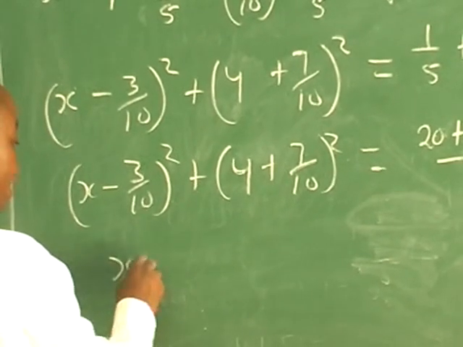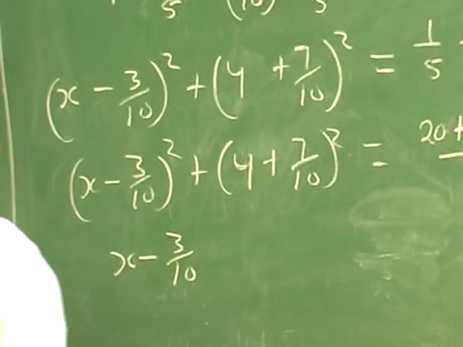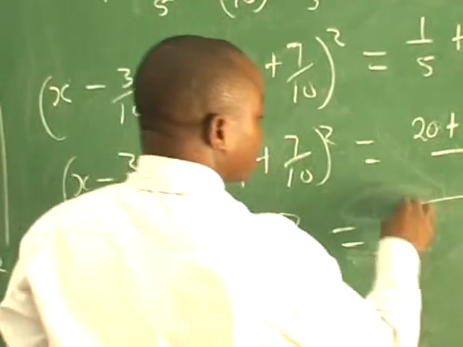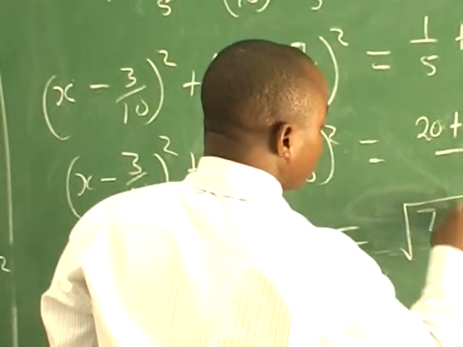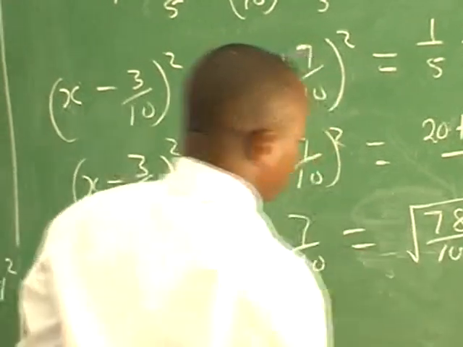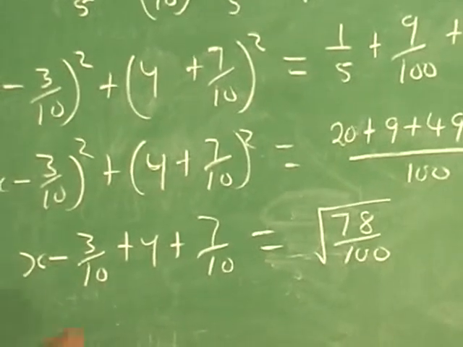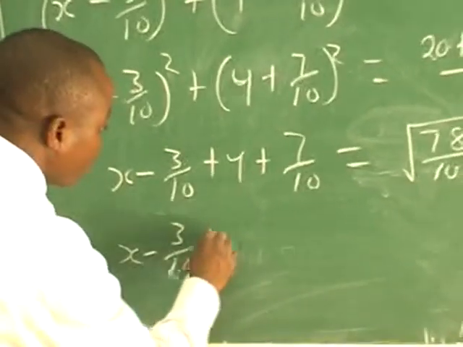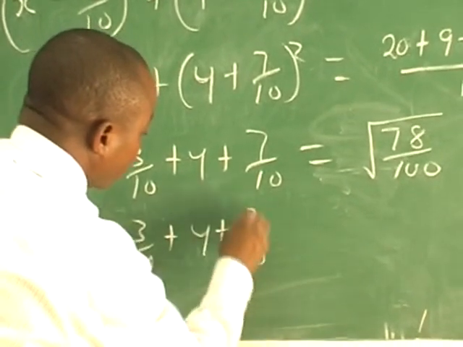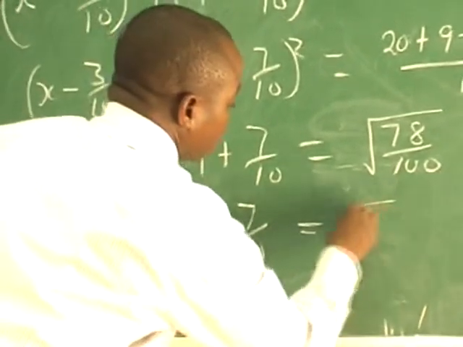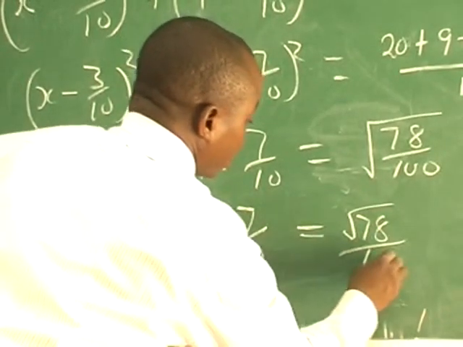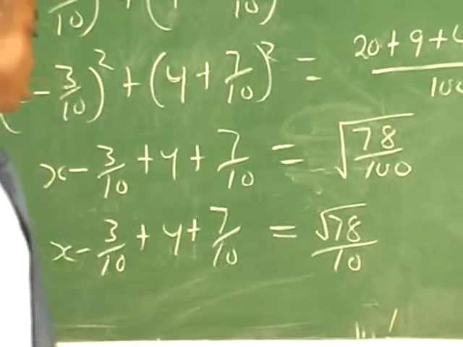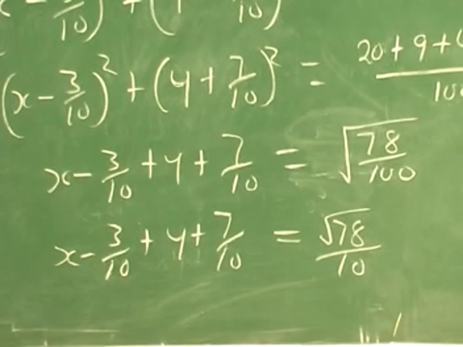So what I will do is (x minus 3) over 10 plus (y plus 7) all over 10 will be equal to the square root of 78 all over 100, which is the same as root 78 all over 10. Because this square will cover up and down, but this is a perfect square. So we have this.